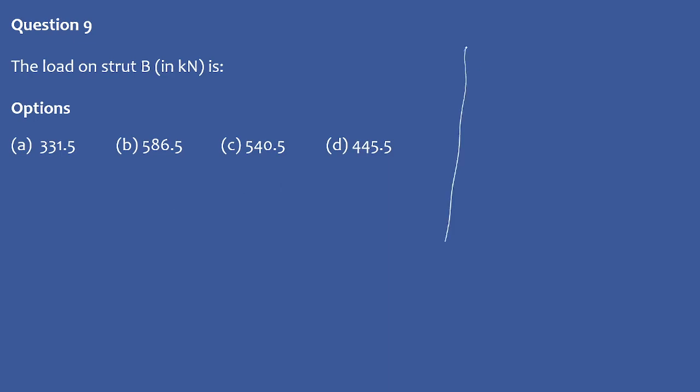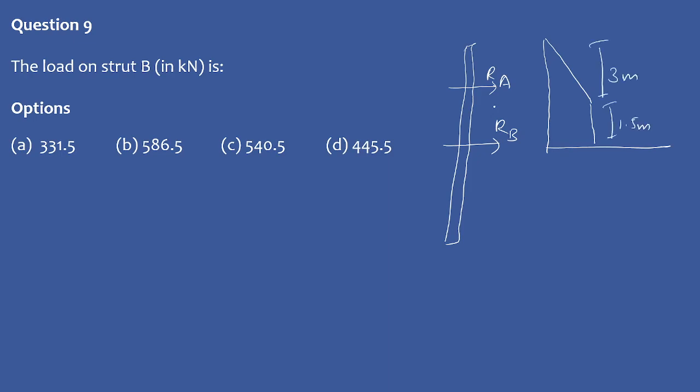This is the nail, so you have the reaction at A and the reaction at B. This is basically resisting the pressure from the soil. 1.5 meter, this is 3 meter, this is 3 meter, this is 1.5 meter.